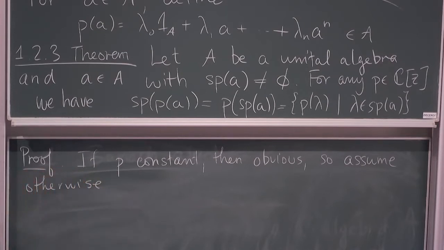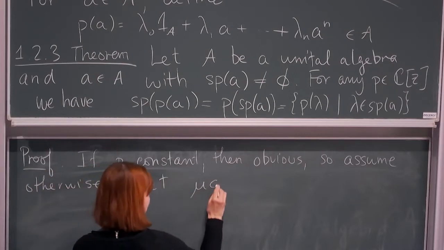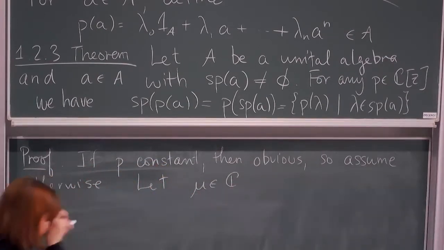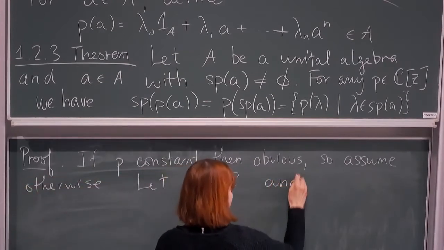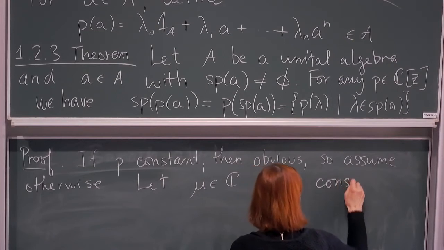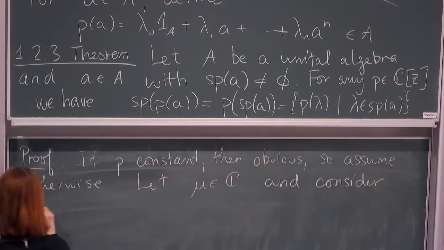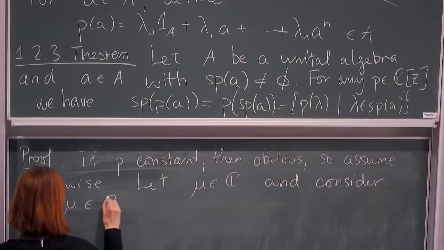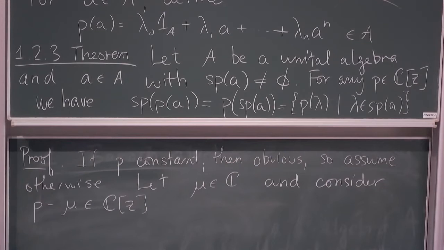Now let mu be a complex number and consider the polynomial P(z) minus mu.